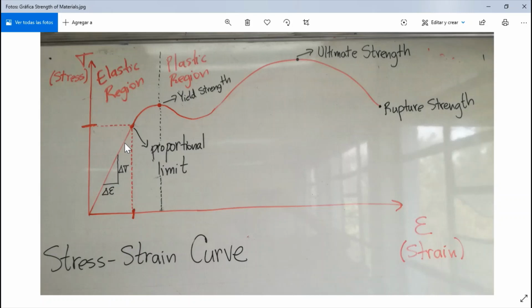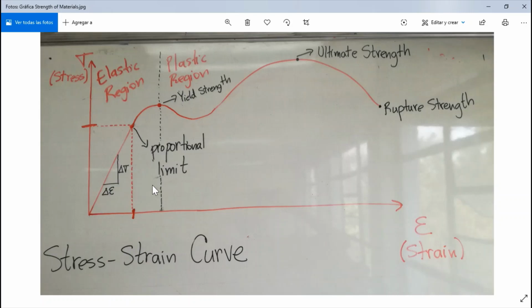And the equation, as we already talked about, is the modulus that we spoke about, in this case, the Young's modulus, or the modulus of elasticity. That's why it is proportional. So we can say that Young's modulus equals stress divided by strain. As you can see in this part, this is a linear equation.